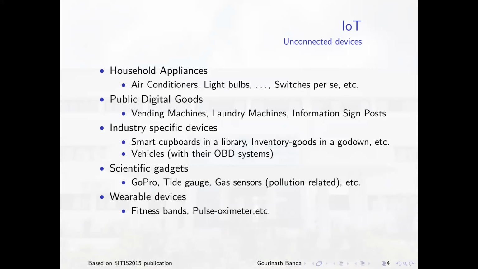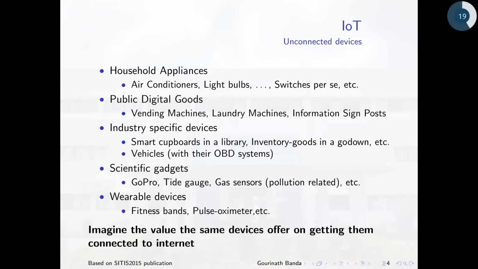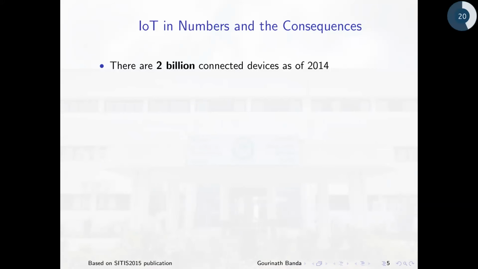It's a simple thing. It keeps track of oxygen levels in the blood by means of certain advanced imaging and also pulse tracking. By reading just oxygen concentration in blood and pulse, by virtue of AI and ML, you can prognose various body phenomena. Imagine the value the same device offers on getting connected to internet. Right? That is the value proposition of moving these systems onto IoT.